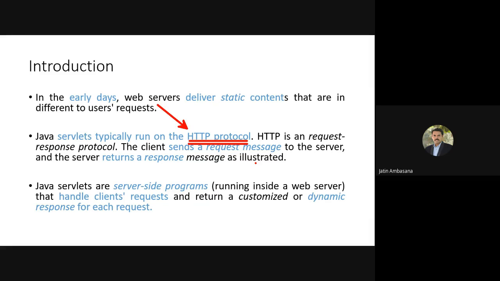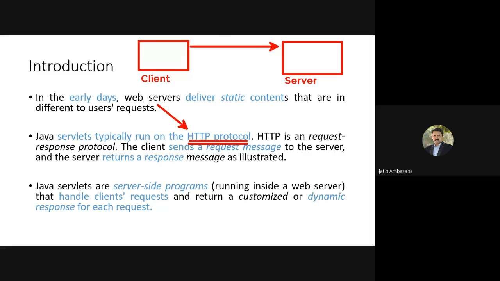Okay, so what is HTTP? HTTP is a request response protocol. It is something like this. There is a client and there is a server. The client sends a request and the server does some processing and sends a reply.